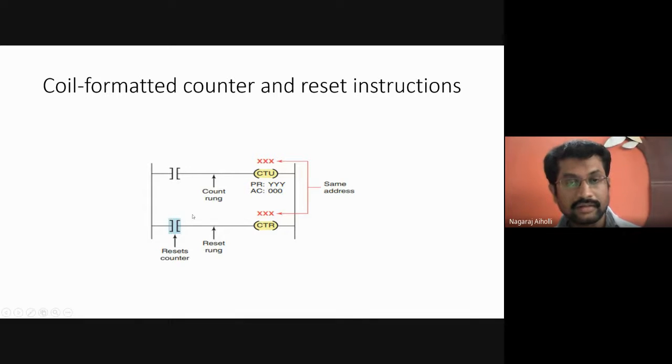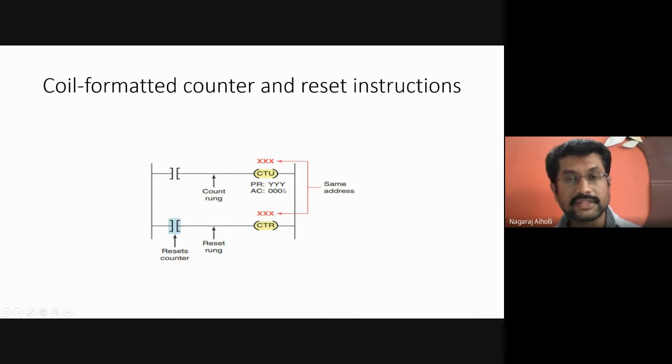Here, when this contact becomes closed, the rung will become true, and the counter will start to count. When this contact goes from false to true state, this rung will become true, right? And when this counter rung becomes true, the up counter will start to count in the upward direction.